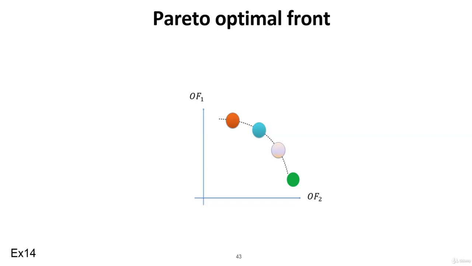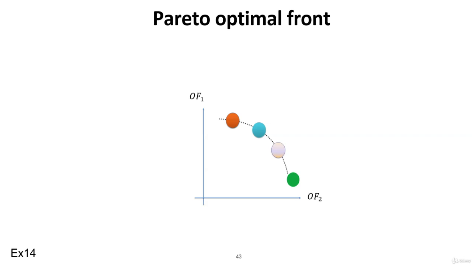This example is going to talk about multi-objective decision making, and we are about to find out the Pareto optimal front. So far, the examples that we have analyzed together all refer to single objectives.